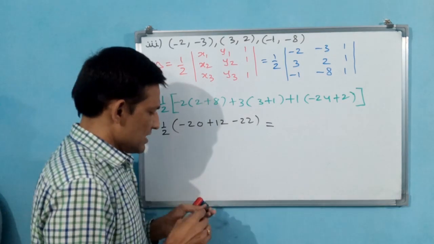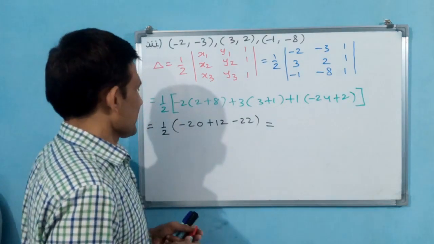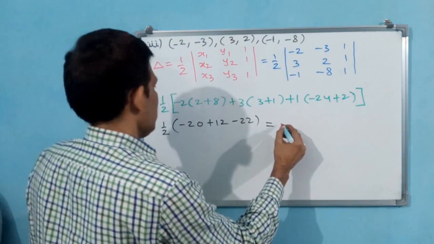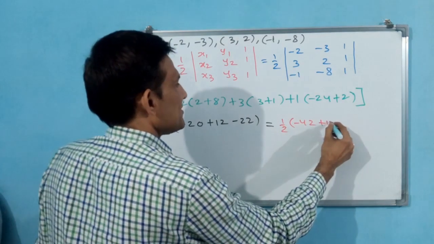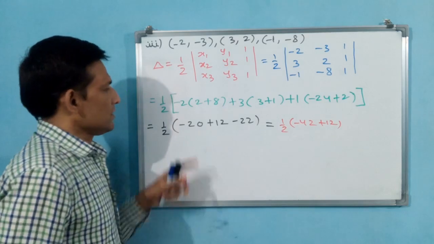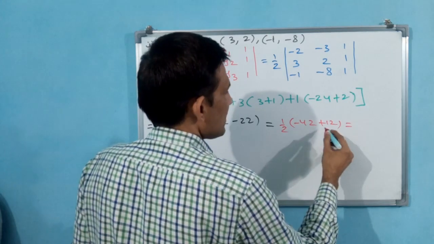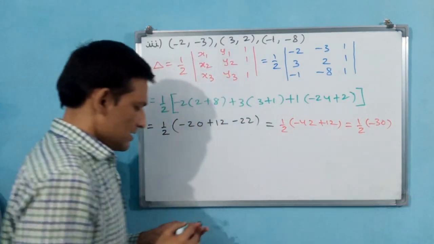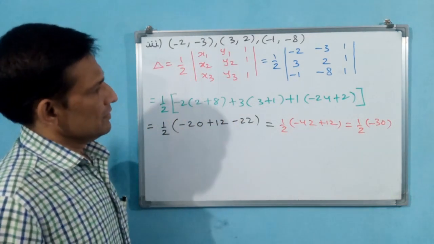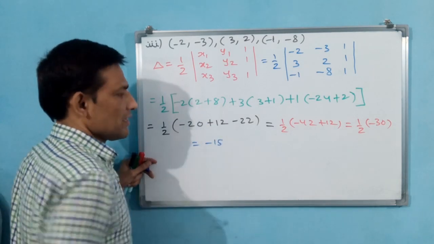Minus 20, minus 22, minus 42, plus 12. Is it okay? Minus 42 plus 12. Then what will become here? Minus 30 by 2. That means that is equal to minus 15.